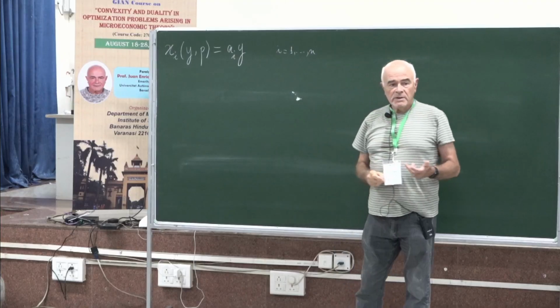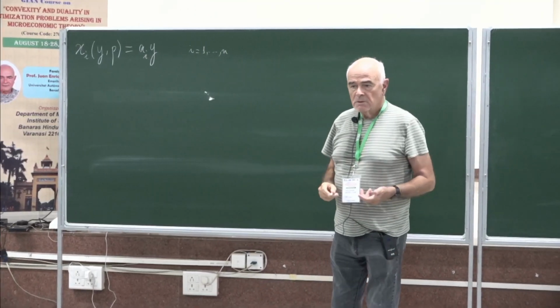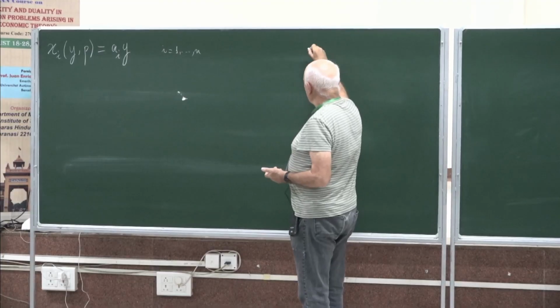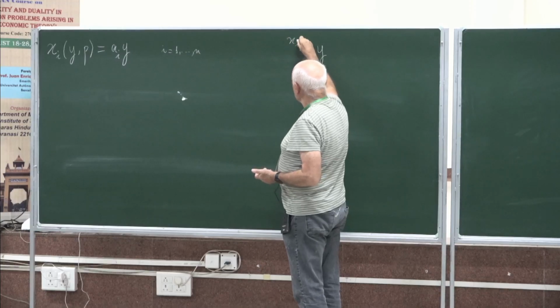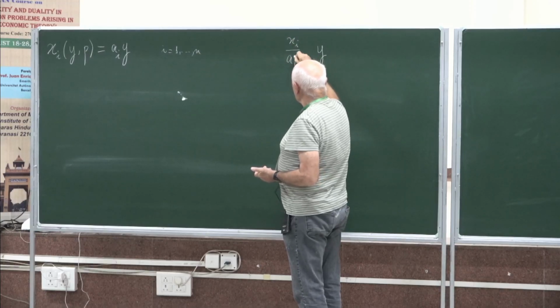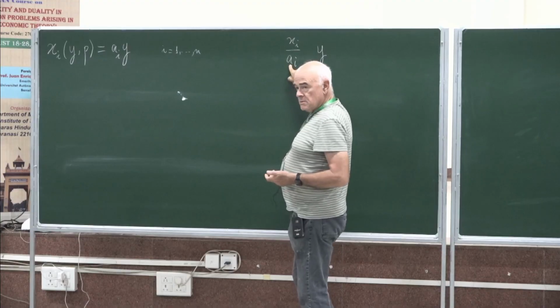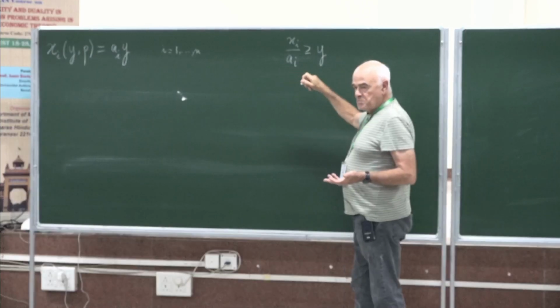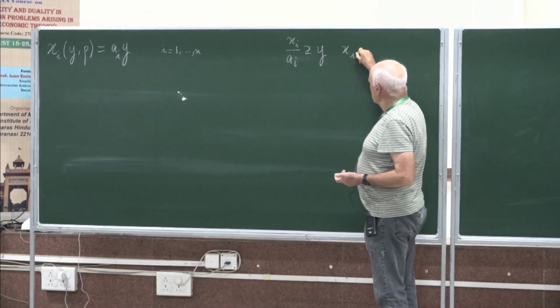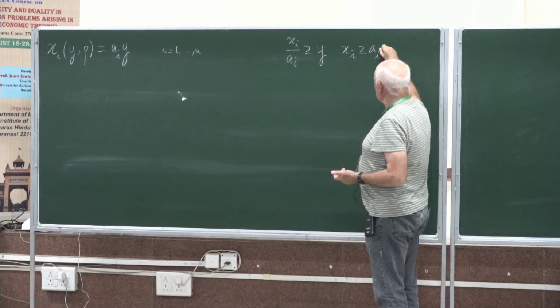This is quite clear from every point of view, because if I want to produce y, and I know that I need this amount of input i to produce y, then the smallest amount I need is this one.